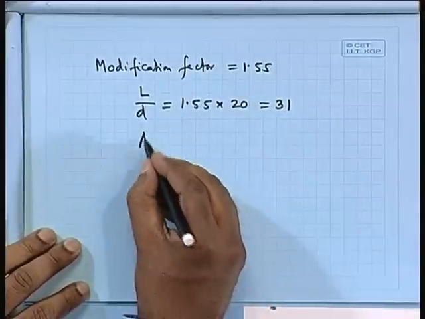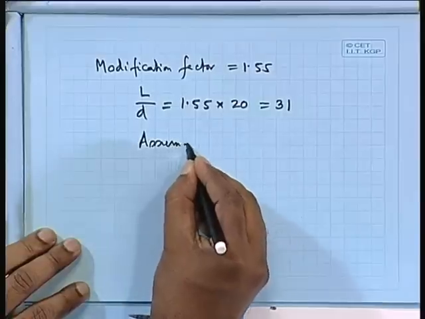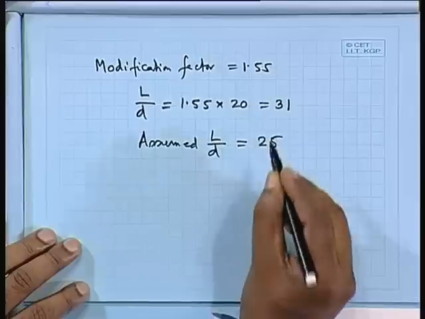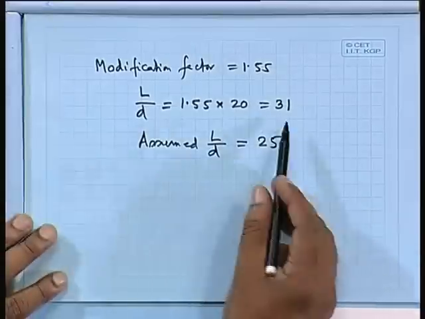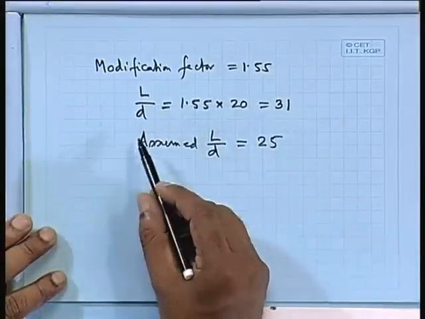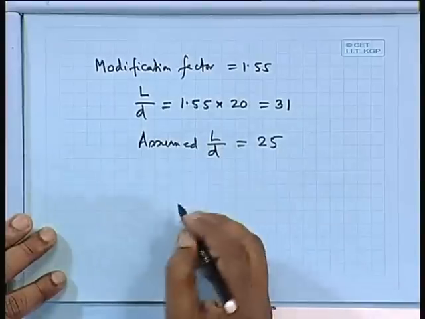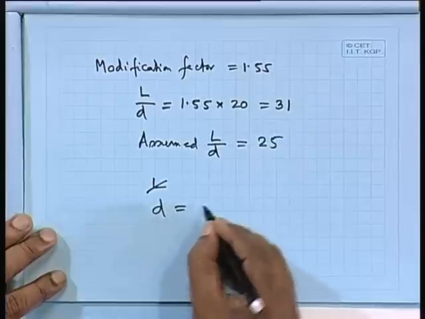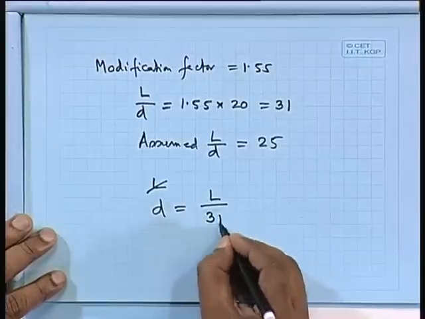We started with an assumed L by D of 25. So, that means we can reduce the D. In this case, D will be equal to L by 31.